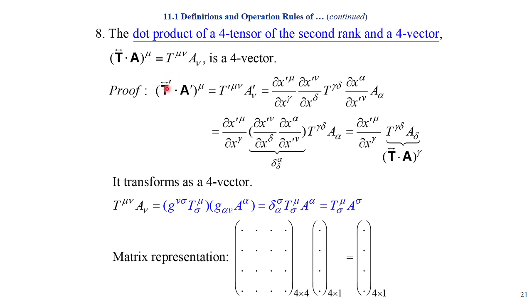So in the primed system, T prime mu nu A prime nu, and this one transforms in this form. We learned this one in the previous item. And A nu transforms by Lorentz transformation. Now we have prime prime, so it becomes a delta. This one and this one here become a connector delta.